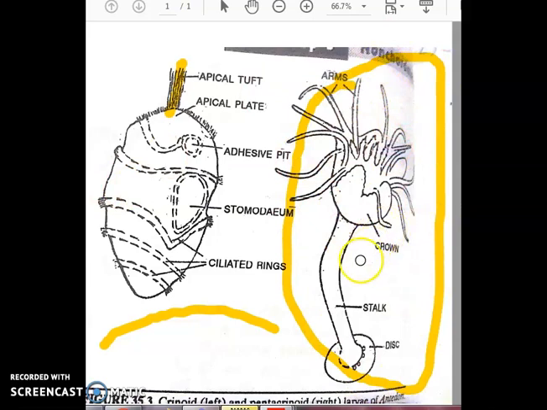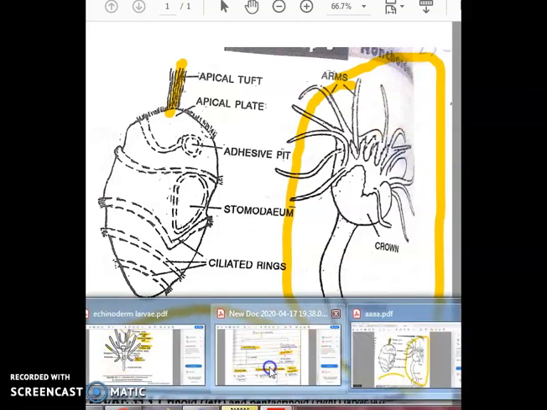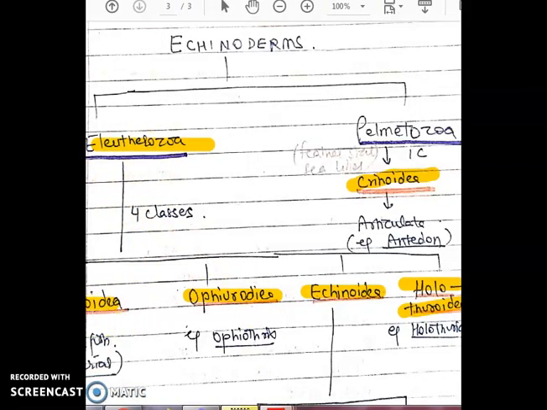So these are the different larvae that are found in the life history of echinoderms. Let us revise. In the first class, Asteroidea, there are 3 larvae: Dipleurula larva, Bipinnaria larva, and Brachiolaria larva. Then in Ophiuroidea, the Ophiopluteus larva.